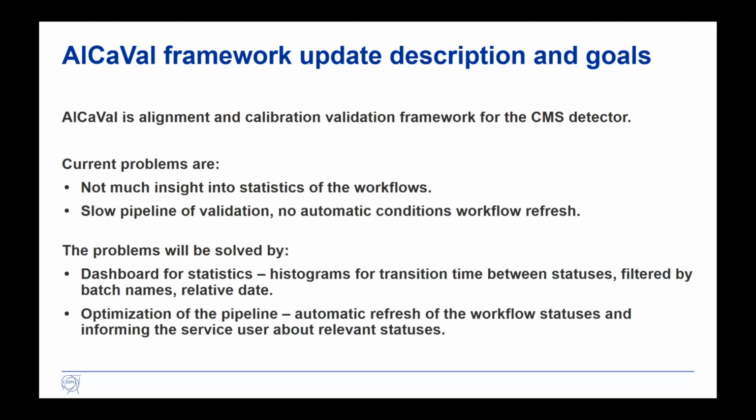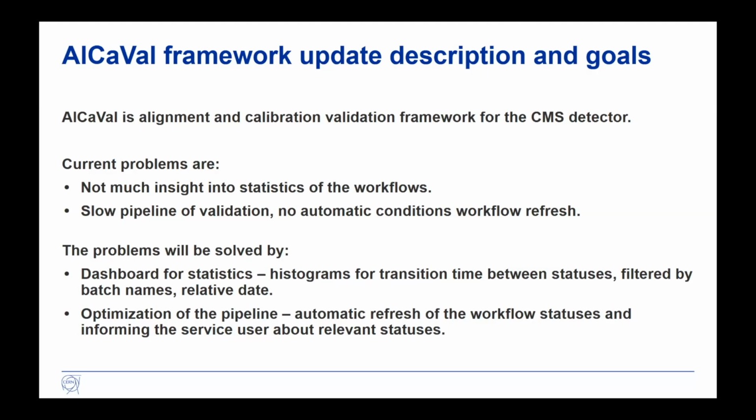So basically, AlCaVal is the alignment and calibration validation framework for the CMS detector. Conditions at the detector change, so we have to adjust the received data by some value, and we have to validate that value in workflows.